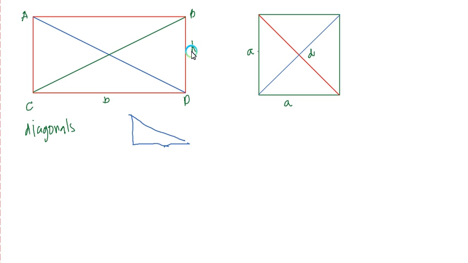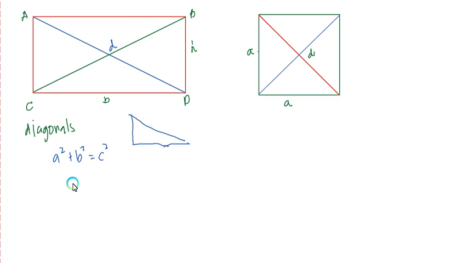So if we consider the Pythagorean Theorem, that is a squared plus b squared is equal to c squared. However, since the variables we use are different, we just change them. This is your diagonal, so this is d squared.